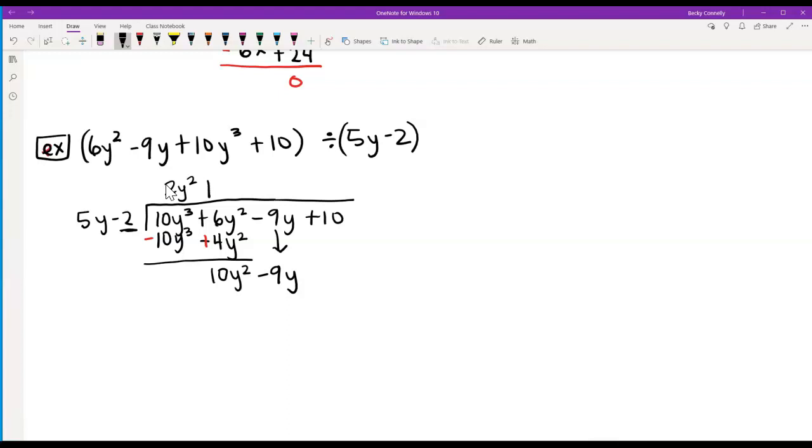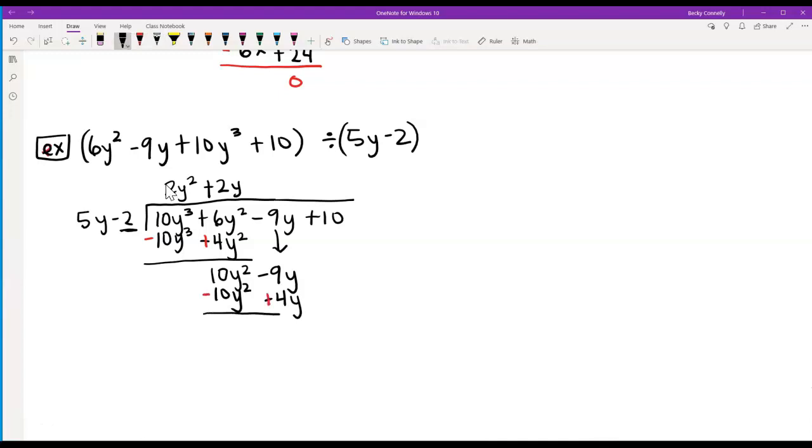Well, that's going to be a positive 2y, right? 5 times 2 gives me the 10, and y times y is the y squared. And now also take that 2y and multiply it by the negative 2, which is going to give me a negative 4y. Now let's change signs again.